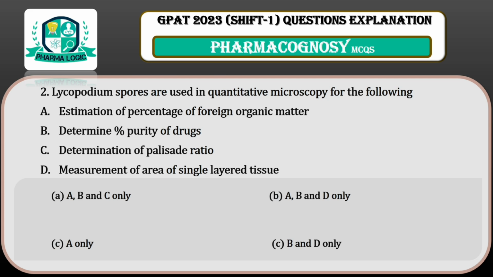Lycopodium spores are used in quantitative microscopy for the following. To solve this, we need to understand the basics of the Lycopodium spore method. Say if you want to find the percentage purity of your sample, you will analyze with your standard, right? Likewise, to find the percentage purity of your powdered drug like clove, nutmeg, ginger, we use a standard drug, that is nothing but Lycopodium spores.